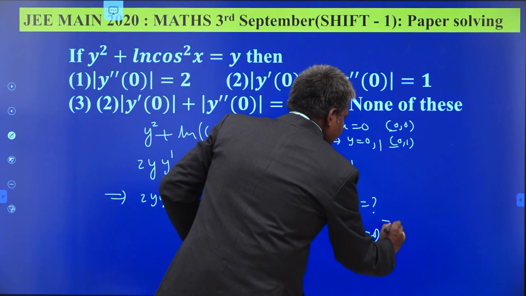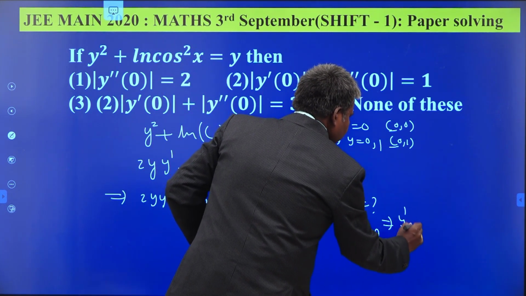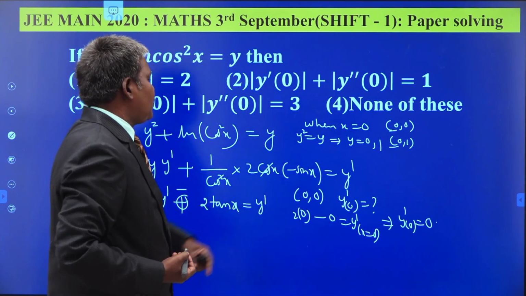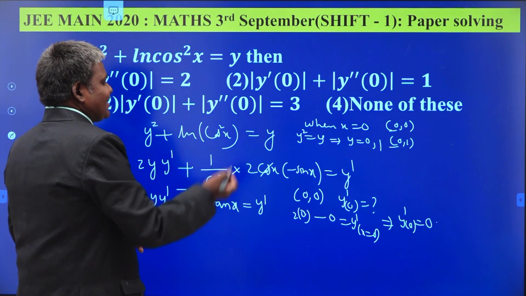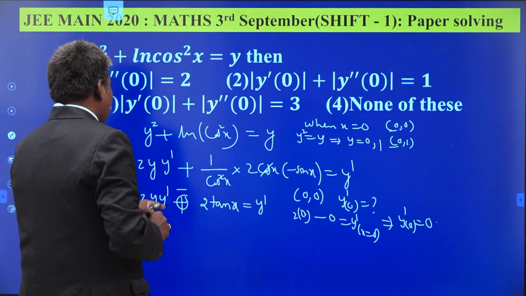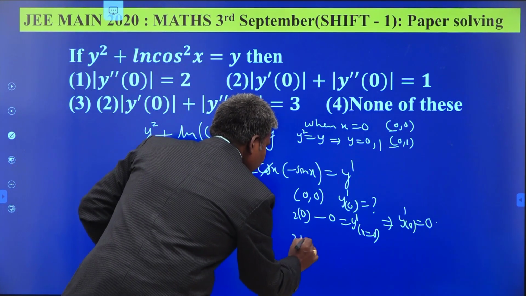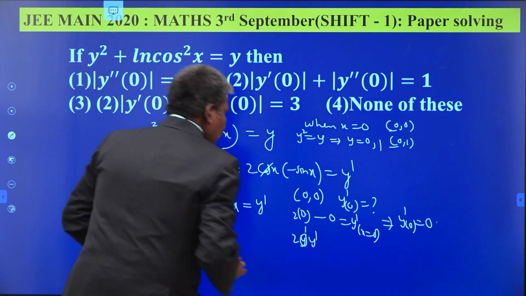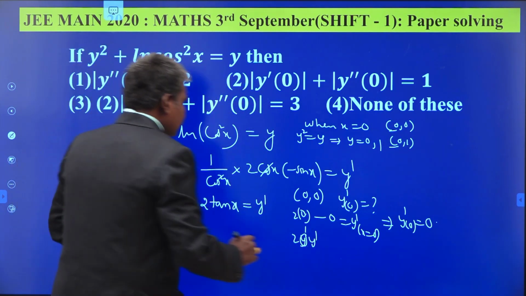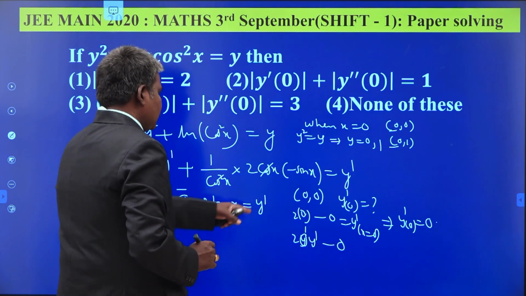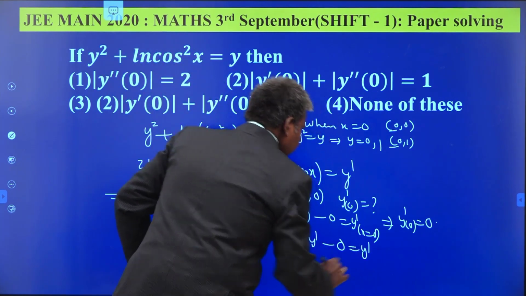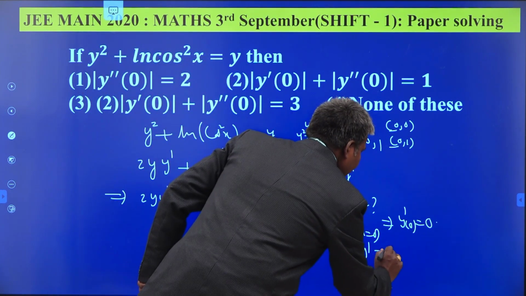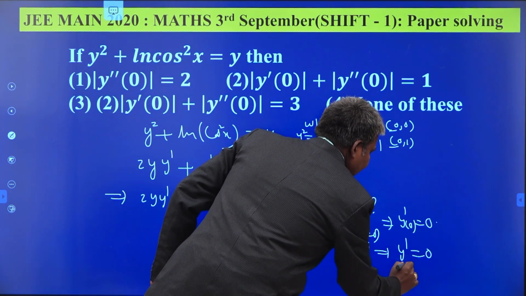So y dash at x is equal to 0 is 0. For x equal to 0, y equal to 0. For x equal to 0, y equal to 1, what happened? 2y y dash, y is equal to 1, we mean 2 into 1 into y dash minus 0 is equal to y dash. 2y dash is equal to y dash, we mean y dash equal to 0 at x equal to 0.